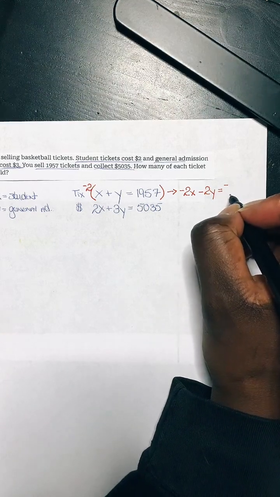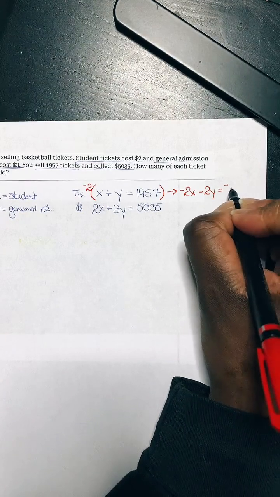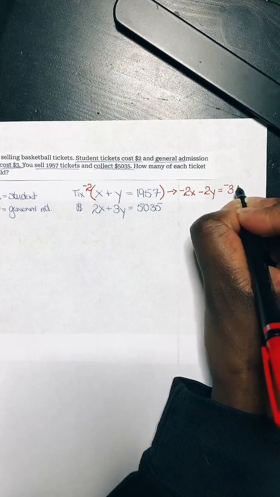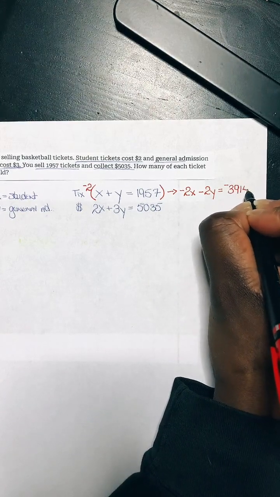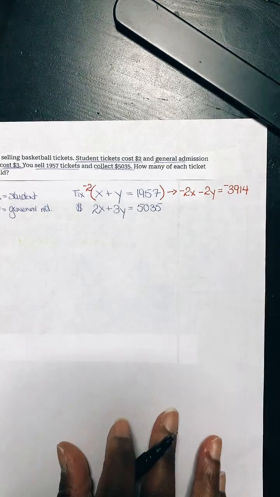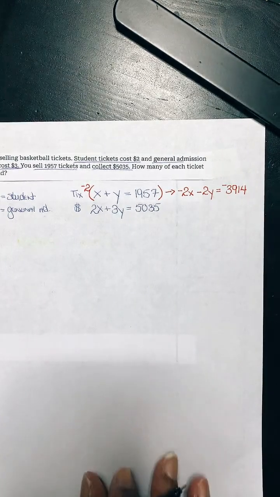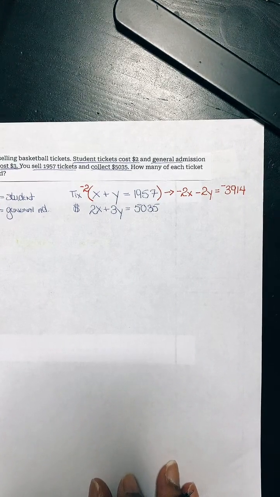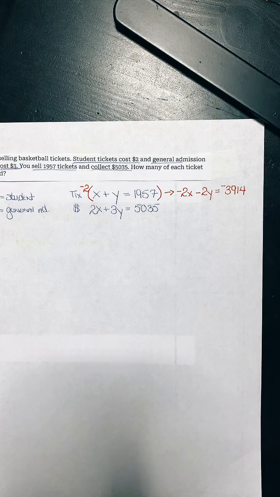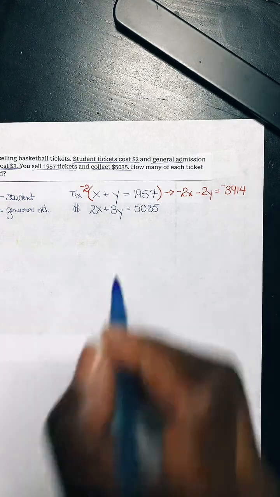3914, yes. So a negative 3,914. Is it always like that for every equation? One's negative, the other is positive? Yes. The reason why you want to eliminate, because this is what's going to happen.